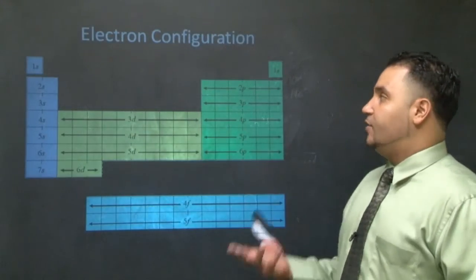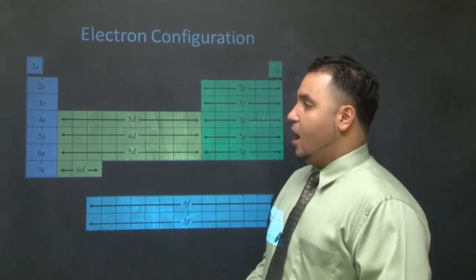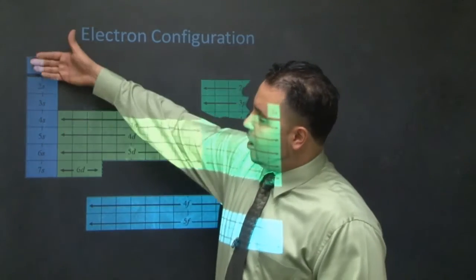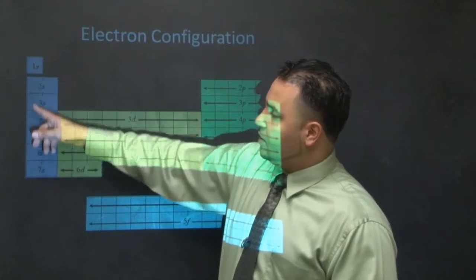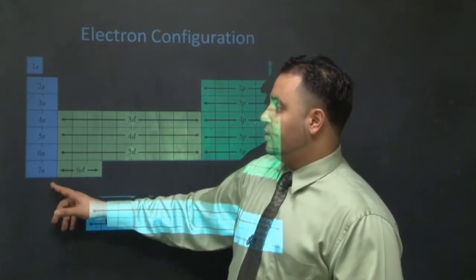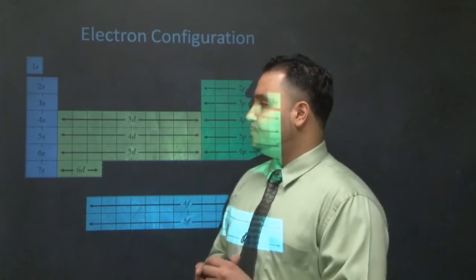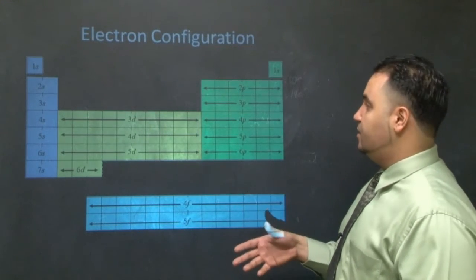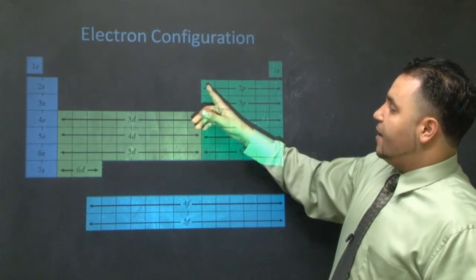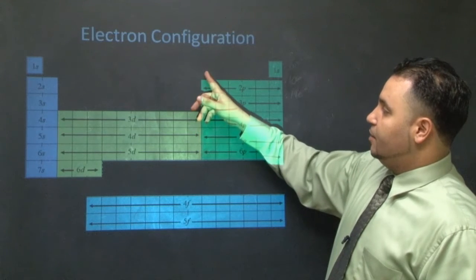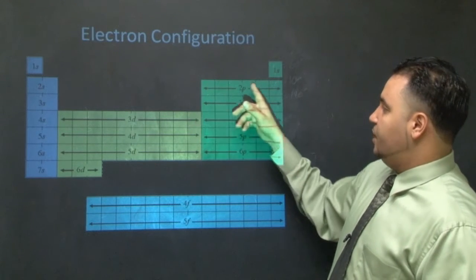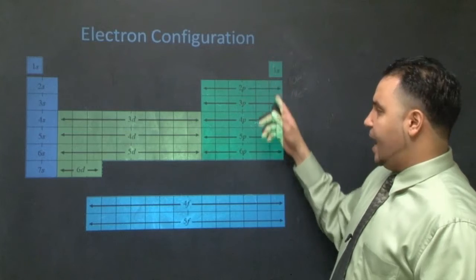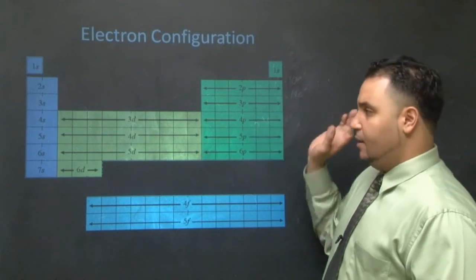Now, looking at this, how do we get electron configurations? I want you to remember it like this. The first 2 columns, the alkali metals and the alkaline earth metals, are going to be the s orbital. Coming over here, the p orbital can hold 6 electrons, and so anything right over here, group 13 all the way to group 18, the noble gases, would all be the p orbital.